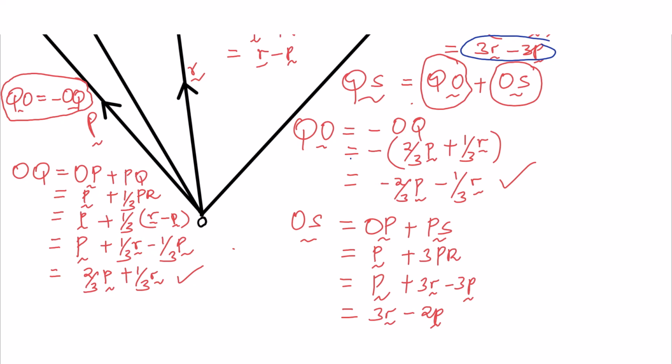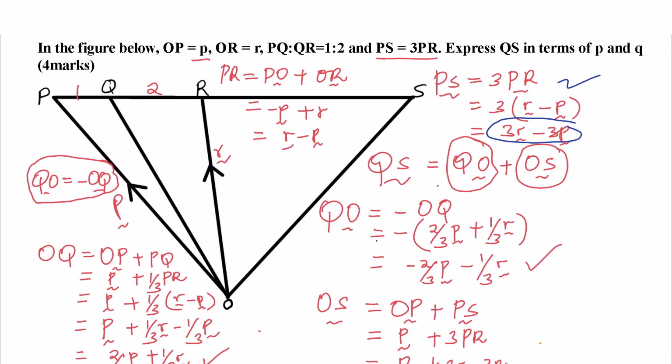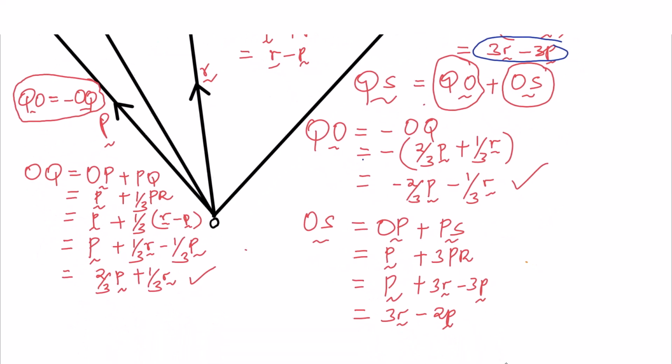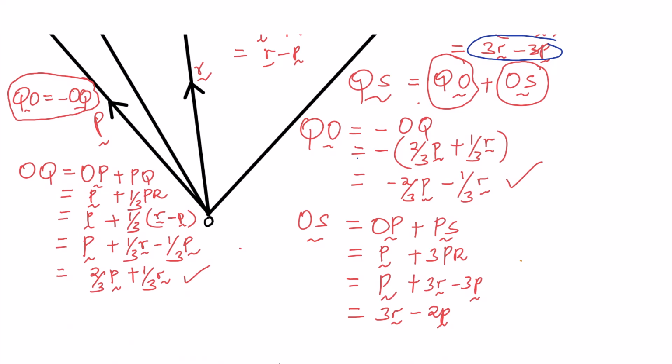So p plus 3r minus 3p, writing p together, you get 3r minus 2p. Now after getting that, remember the question is supposed to get vector QS. So that is how we're supposed to express QS.